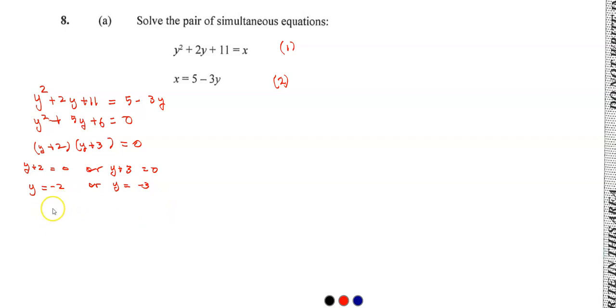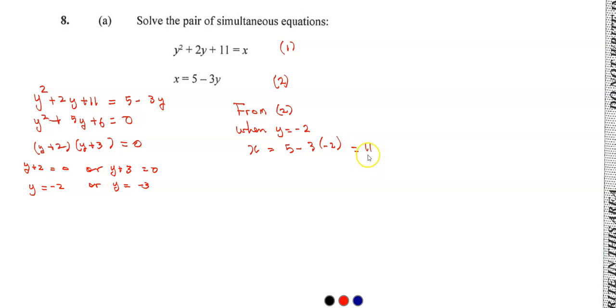Okay, so now we can solve for x from equation 2. When y equals minus 2, from equation 2 we would have x is equal to 5 minus 3 times minus 2, and that gives us 11.